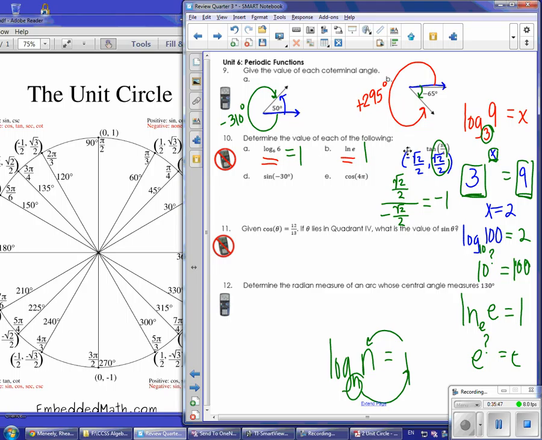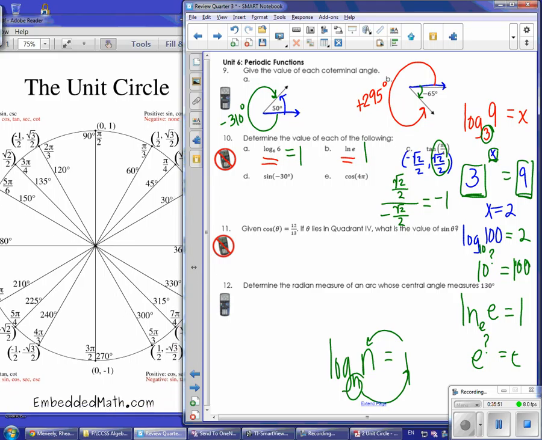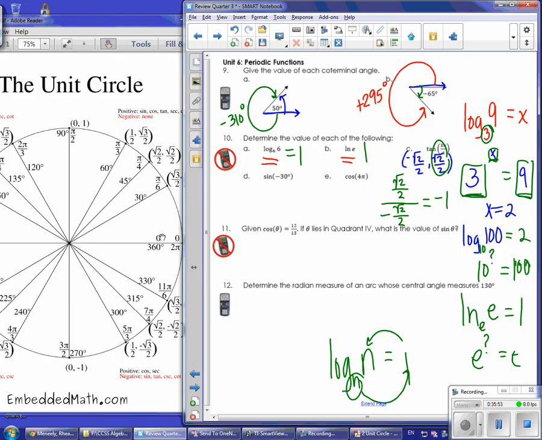If I think about the sine of negative 30 degrees, let's take a look at our unit circle again. I know that a positive 30 degrees, I'm going counterclockwise and I'm going up. A negative 30 degrees is going to be the same distance, but it's going to be going in the other direction.